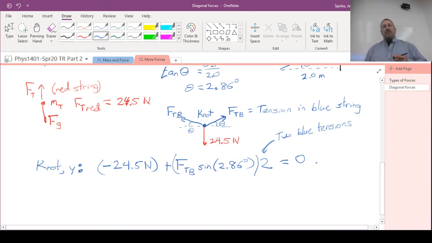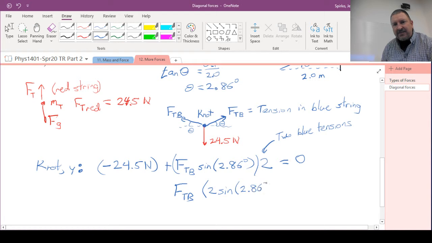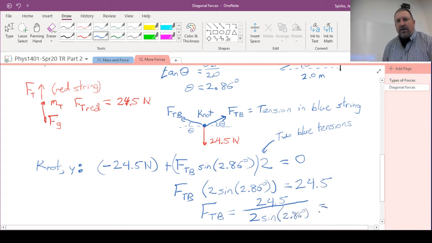So that means that FT blue times 2 sine of 2.86 degrees is equal to 24.5. So FT blue is equal to 24.5 over 2 sine of 2.86 degrees, which gives me my tension.